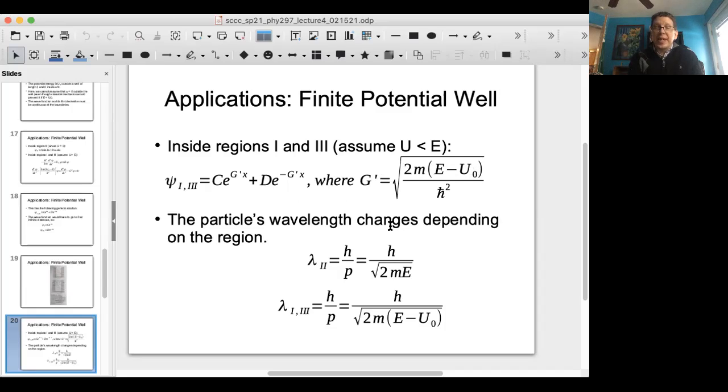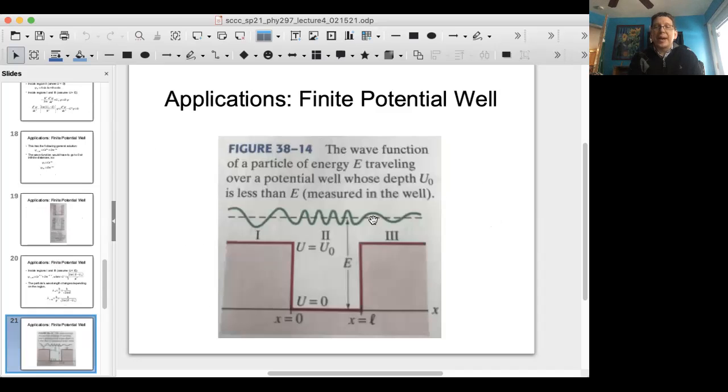And the particle's wavelength changes depending on the region. So you have a different wavelength in between than you do on the outsides. You have a longer wavelength outside, corresponding to less kinetic energy, than you do in the middle. The wavelength depends on momentum, and kinetic energy goes up with the square of momentum in non-relativistic mechanics.